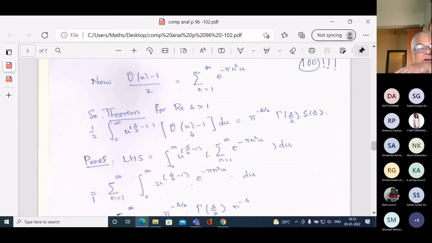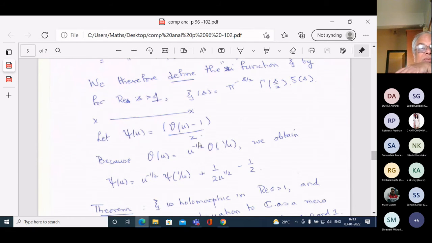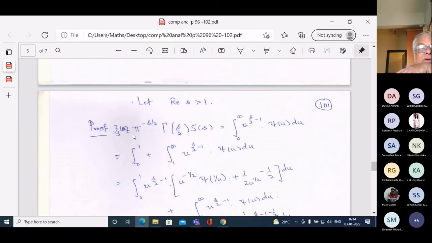Theta of u minus 1 divided by 2 is what I'm calling psi. So that particular theorem says that psi of s is equal to this integral from 0 to infinity of u to the s by 2 minus 1 into theta of u minus 1 divided by 2, which I call psi.